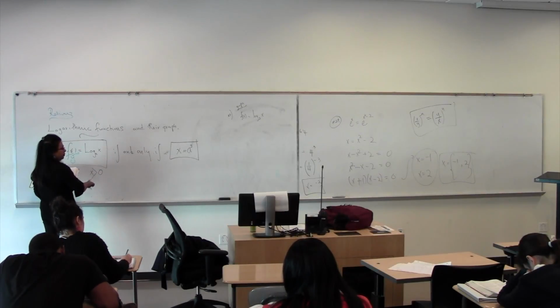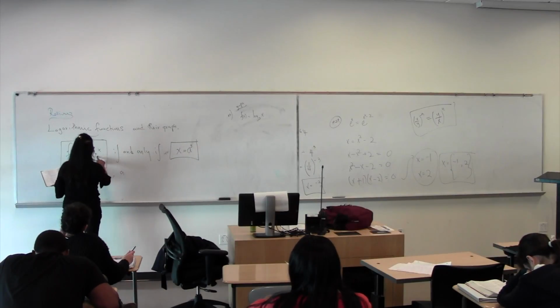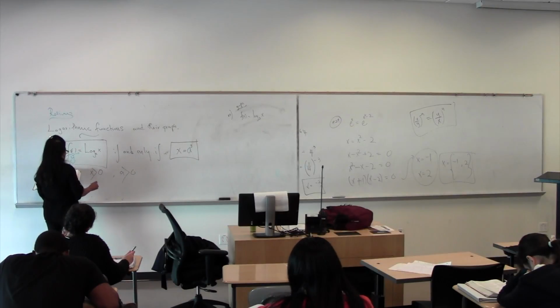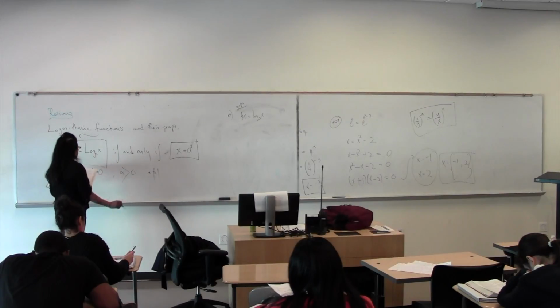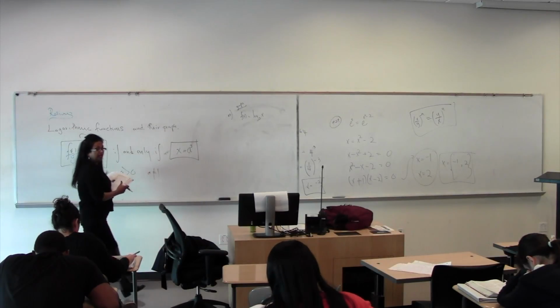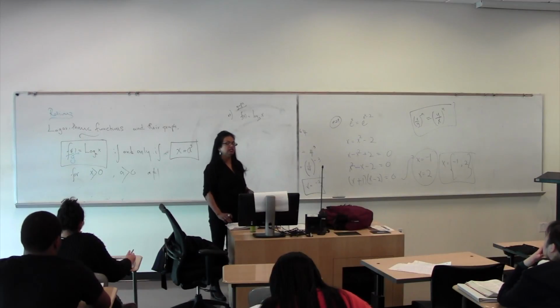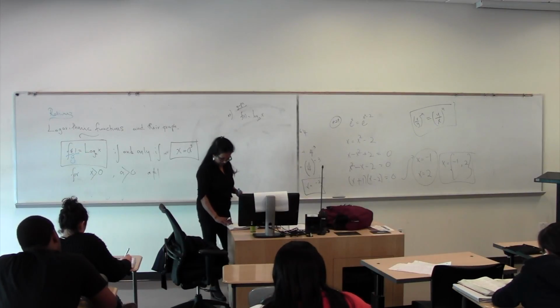The domain is x greater than 0, and the base a is greater than 0 and also a cannot be equal to 1. We are going to use these three conditions. So the domain of a logarithmic function is only x values greater than 0.